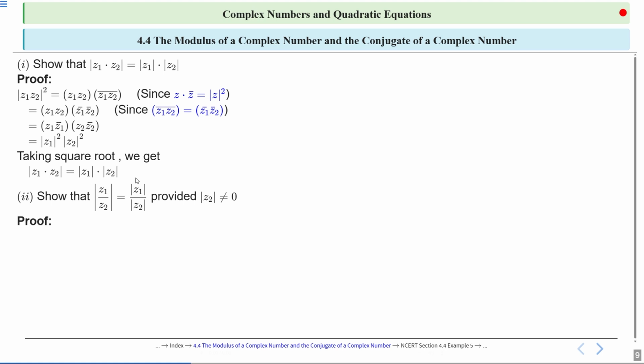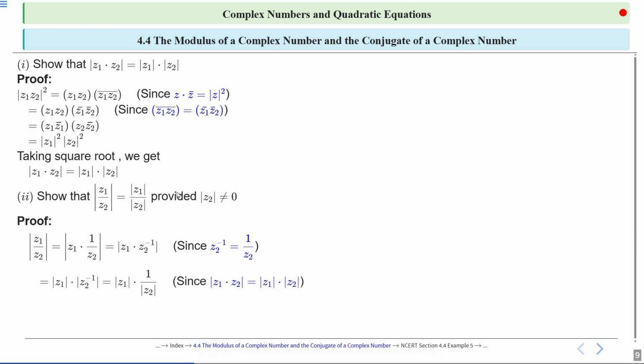Let's start the proof for this property. We will use the result we just proved about the modulus of a product. We write modulus of Z1 divided by Z2 equals modulus of Z1 times 1 divided by Z2. This equals modulus of Z1 times Z2 inverse, since Z2 inverse equals 1 divided by Z2.